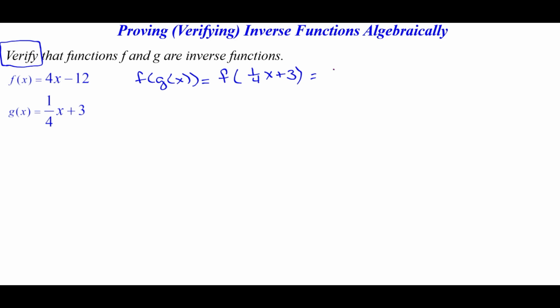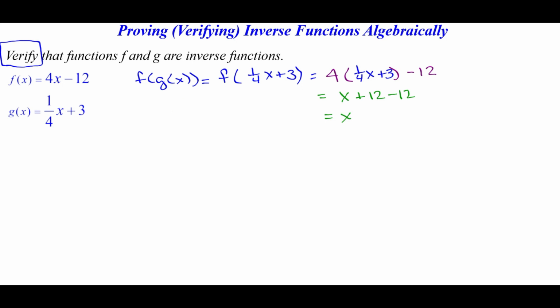So the f function says take 4 times what's in the parentheses minus 12. And currently what's in my parentheses is 1/4 x plus 3. So if we just do a little bit of simplifying here, 4 times 1/4 x is going to give me x, 4 times 3 is going to give me plus 12, and then we still have a minus 12. The 12 and the negative 12 cancel out, and we're left with x. So my composition f of g of x equaled x.